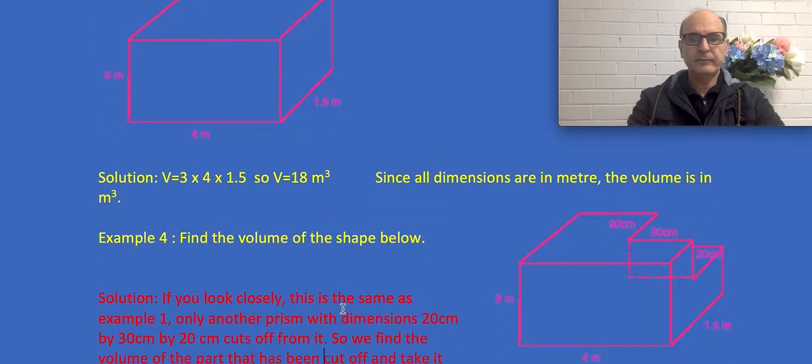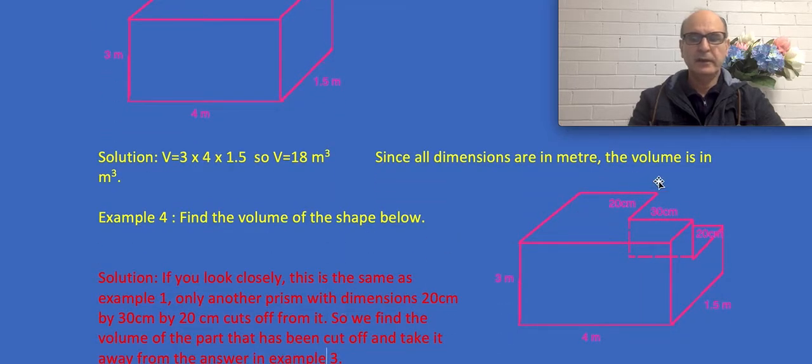And the last example is this. This is a bit more challenging. They are asking us to find the volume of that. This is exactly the same as the previous one: 3 height, 4 width, and 1.5 depth.